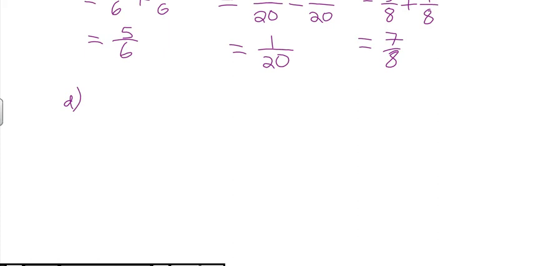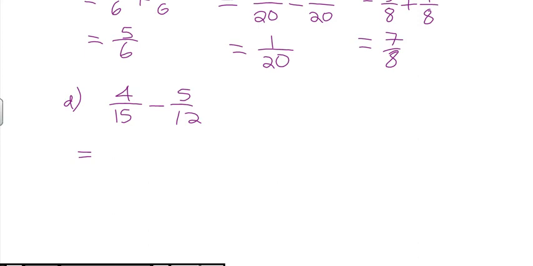D, 4/15 minus 5/12. LCD. There's another way to do this. Remember factor trees? Okay. 60? Yeah, 60. Yeah, it is. Okay.